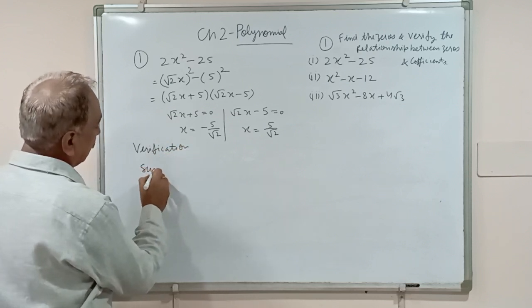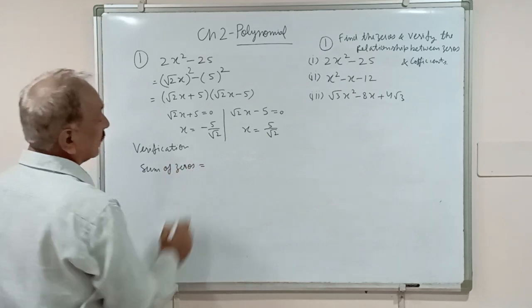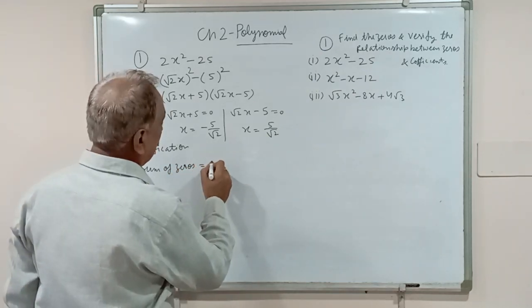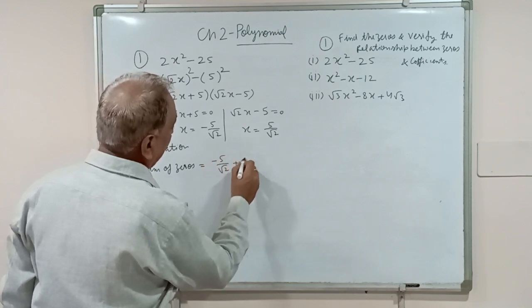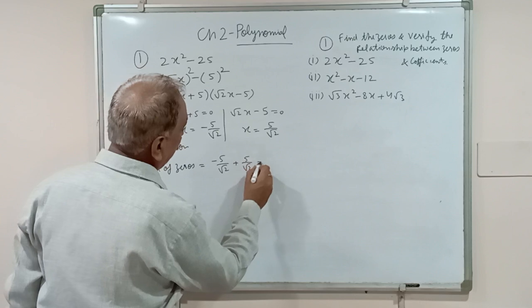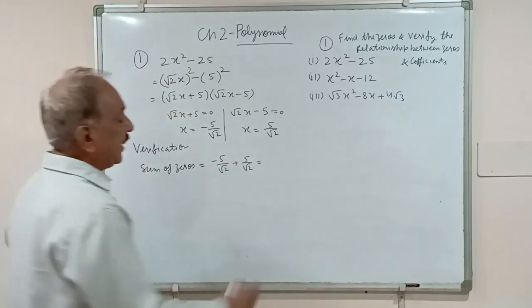Sum of zeros: minus 5 upon root 2 plus 5 upon root 2. Result is 0 because this is plus and this is minus, same terms.